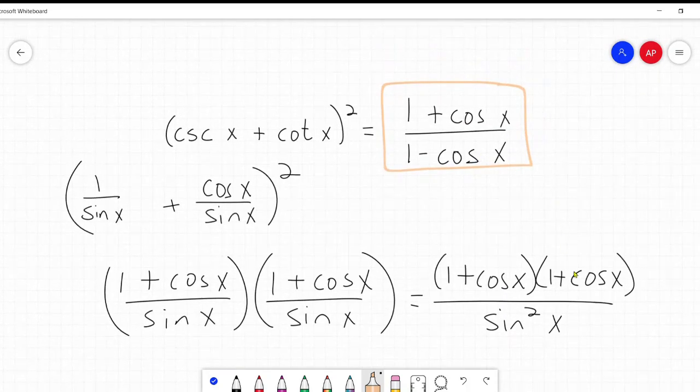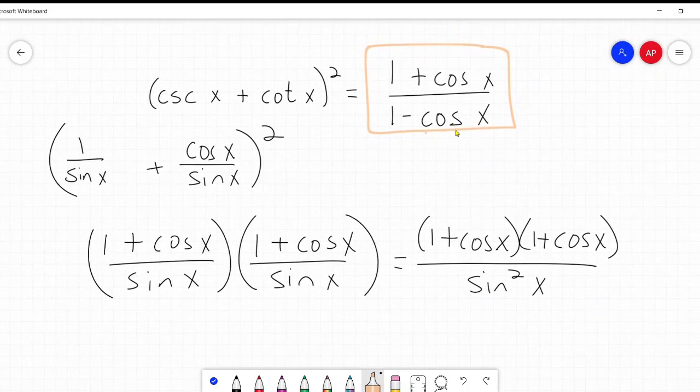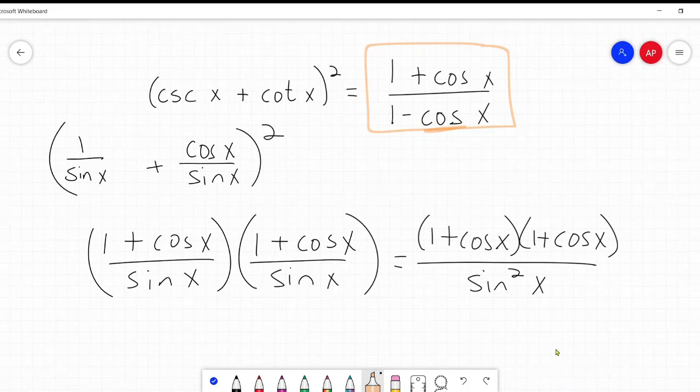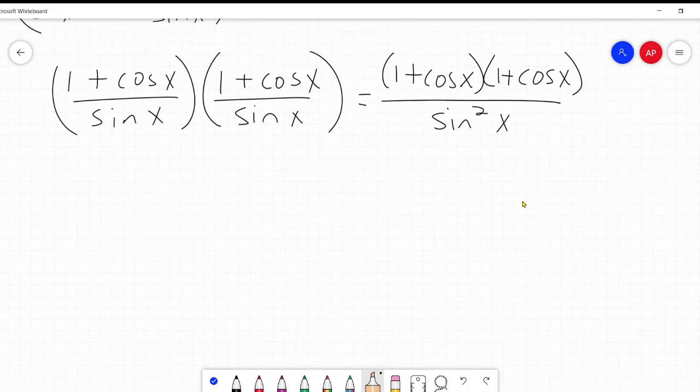Next, I'm going to look at my identities and say, okay, I'm needing to get to cosine. So is there any way that I can relate sine squared to cosine? Well, there is. That's one of our Pythagorean identities that says sine squared of x plus cosine squared of x equals 1.